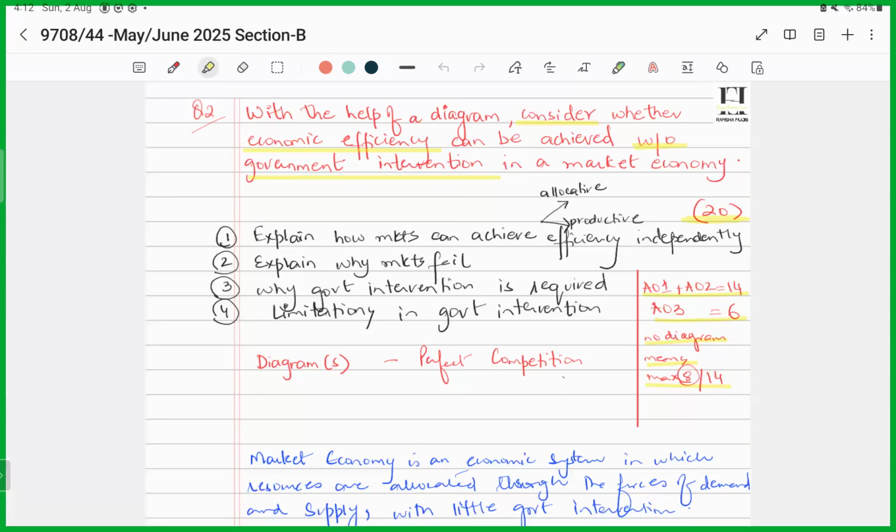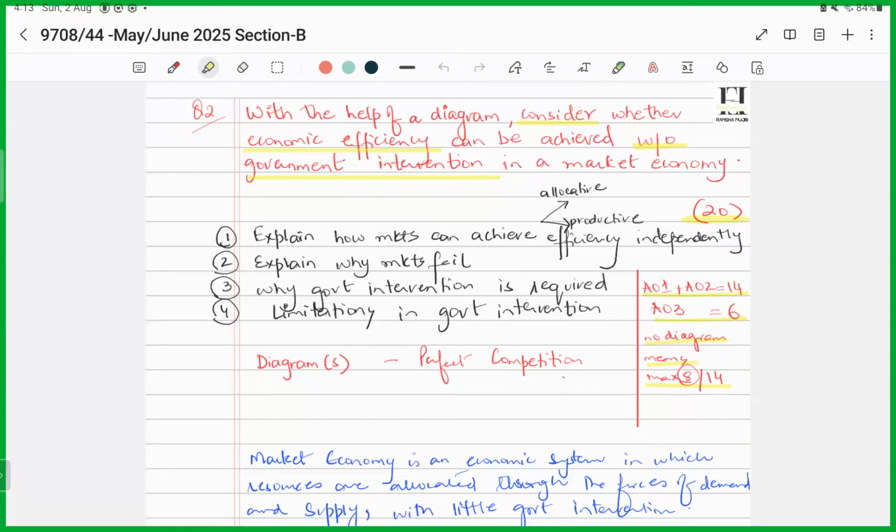And as a result, what happens? There exists market failure. So, in order to combat the situation of market failure, government intervention is necessary. Now they are asking to what extent government intervention would be effective, right?